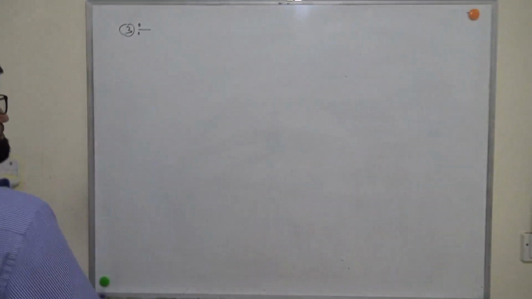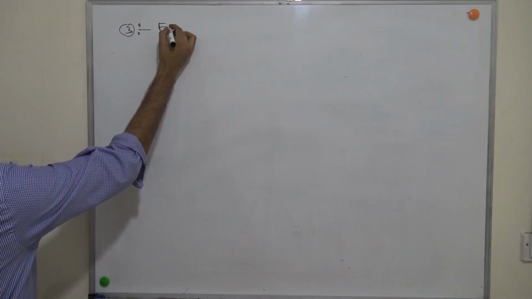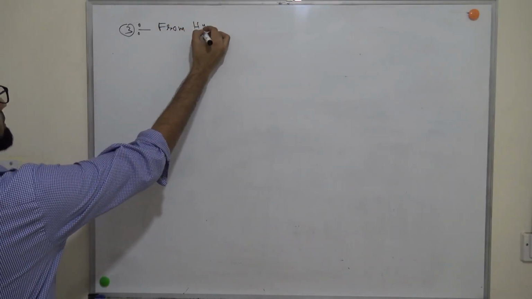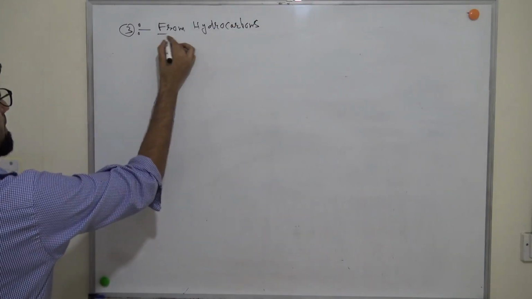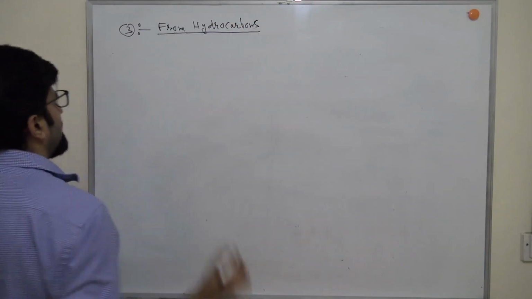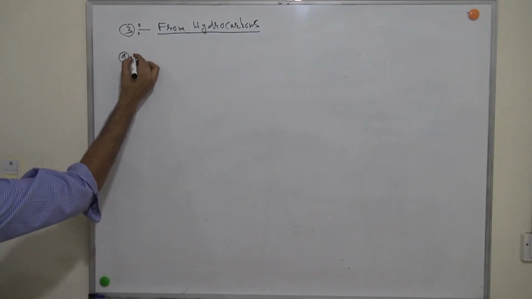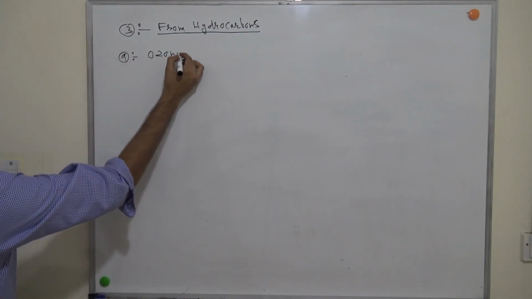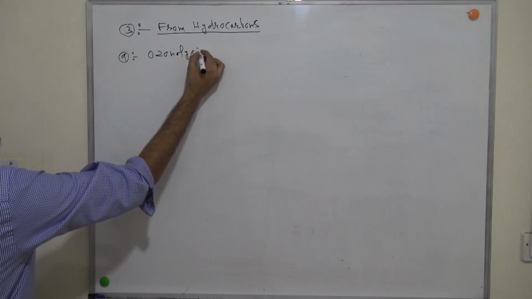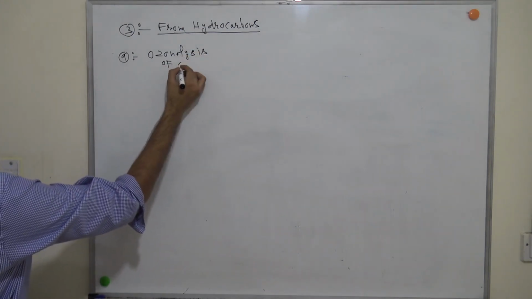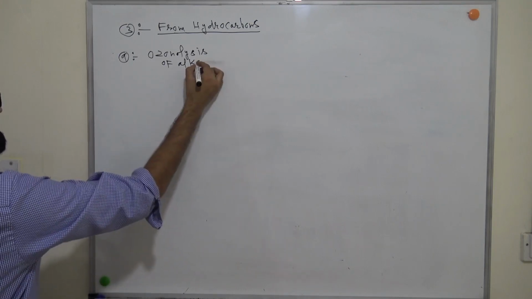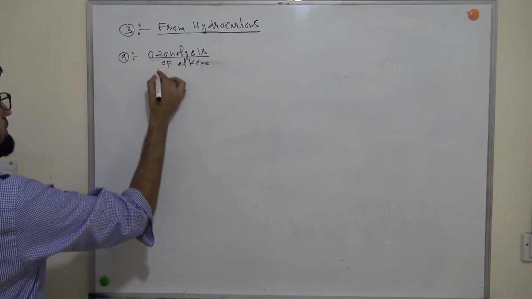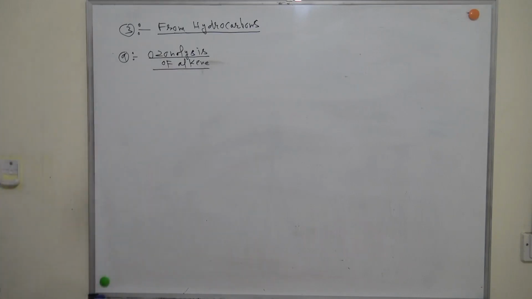The third method is from hydrocarbons. Okay, so A is ozonolysis of alkene. Very easy. Ozonolysis of alkene. Okay, so what is ozonolysis of alkene?